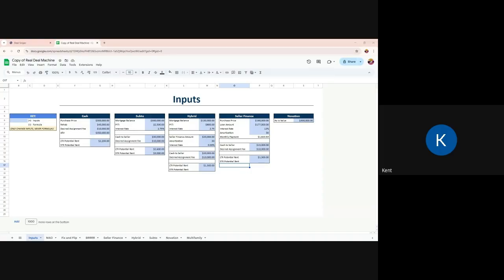The Deal Sniper had a number in that spot combining both of them, and then the Deal Machine seller finance portion where it says HOA, do I just put that full number right in that spot even though it's only showing HOA?